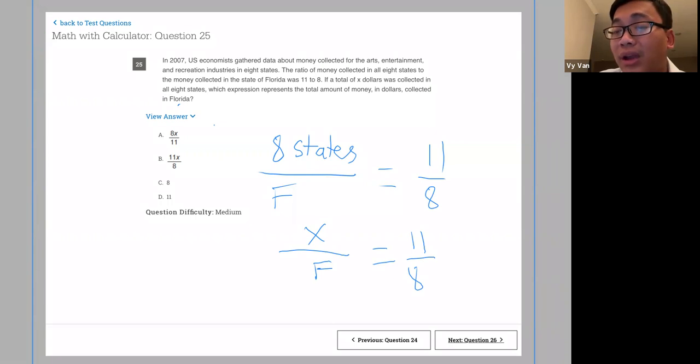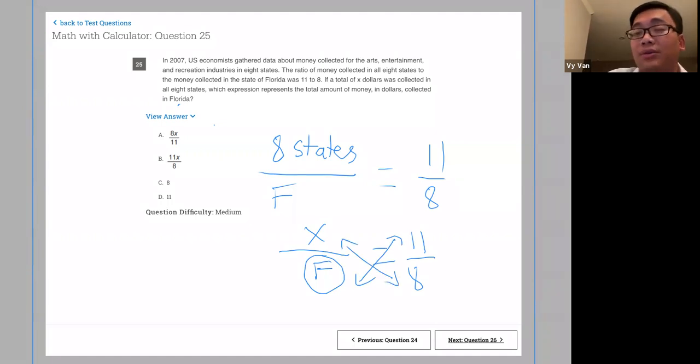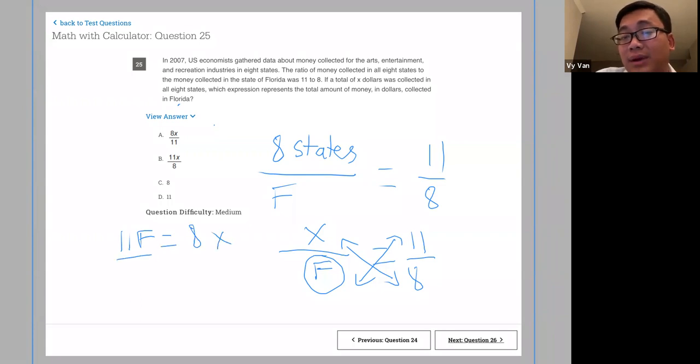So let's say Florida is F, and the ratio is equal to 11 over 8. They want F, not X. Let's use cross multiplication to solve for this. So 11 times F equals 8 times X. You divide by 11, so we want F equals 8x over 11. And the answer is A.